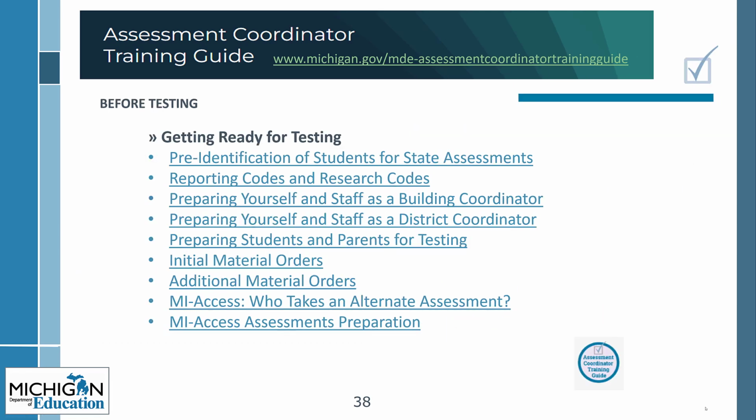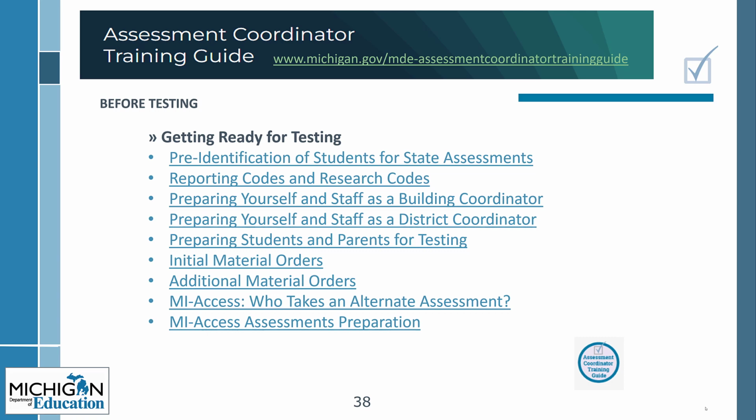The Assessment Coordinator Training Guide is set up to also help you with activities before testing. When you are getting ready for testing, we have a variety of documents in the guide that will help you with training and resources.